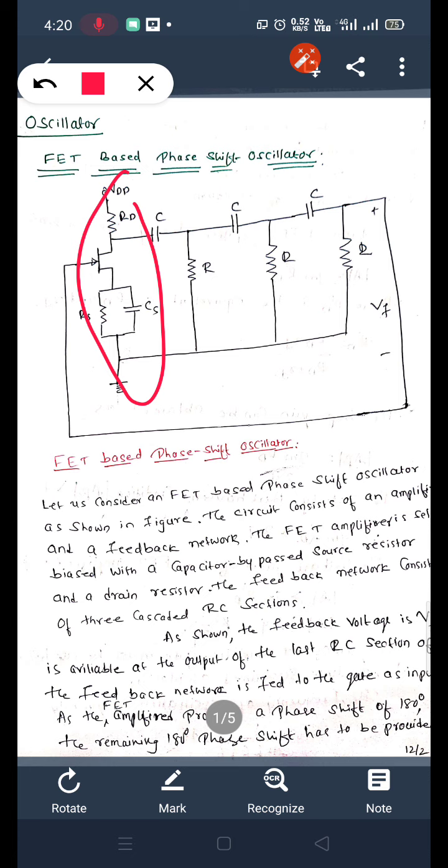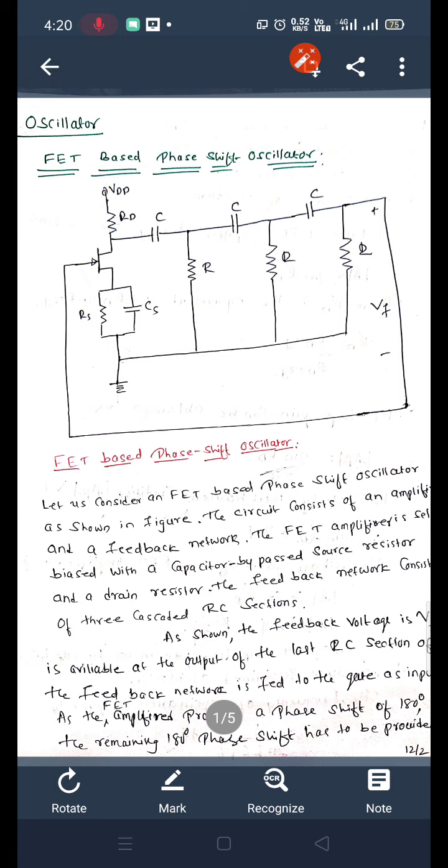So in this way we are going to study the FET based phase shift oscillator as shown in the figure. It mainly consists of an amplifier as well as a feedback network.